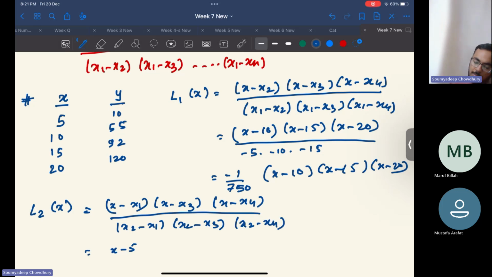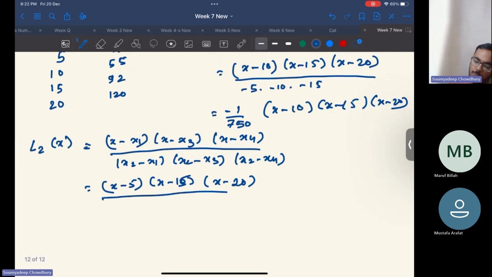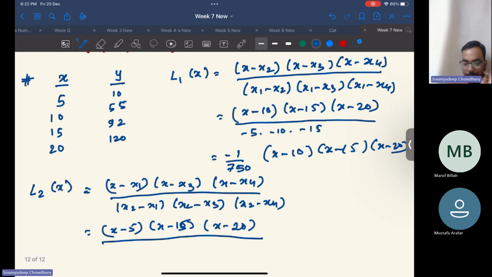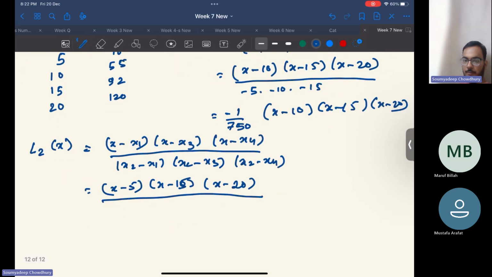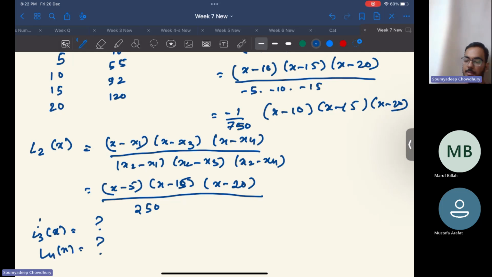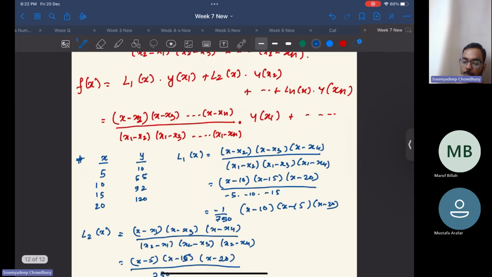It is basically x minus 5, x minus 15, x minus 20, upon x2 minus x1 is 5, right? 5 into minus 5 and minus 10. 5 tens are 50, 50 into 5, so it is 250. Like this, you have to find L3 of x and L4 of x, and then substitute all this in this polynomial formula.